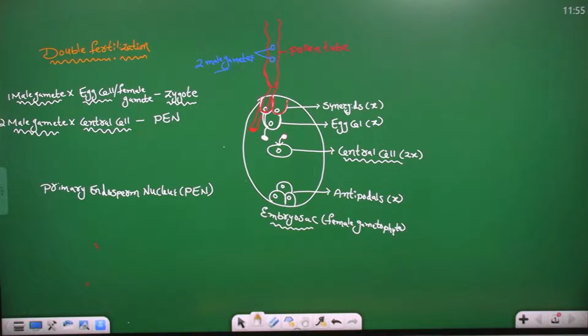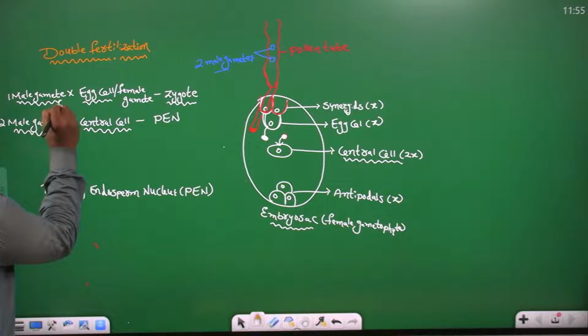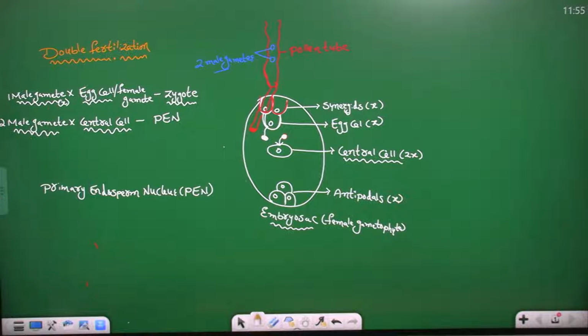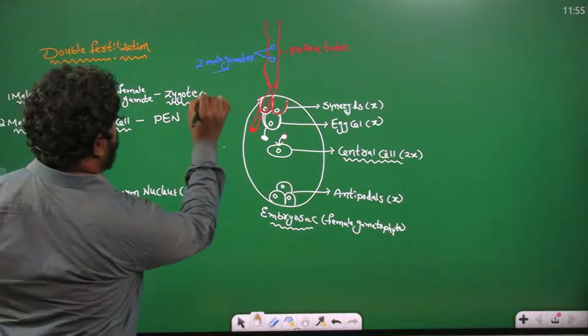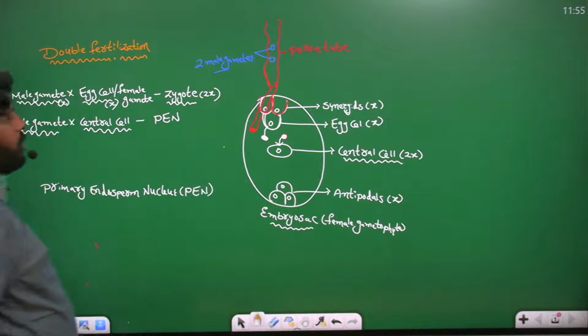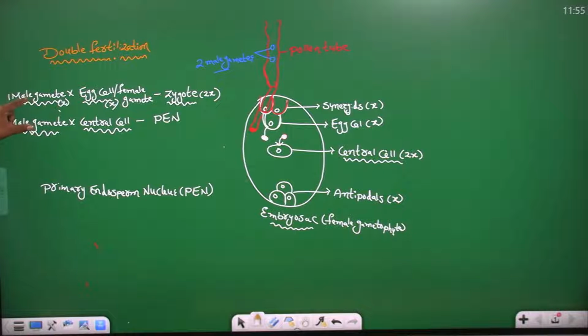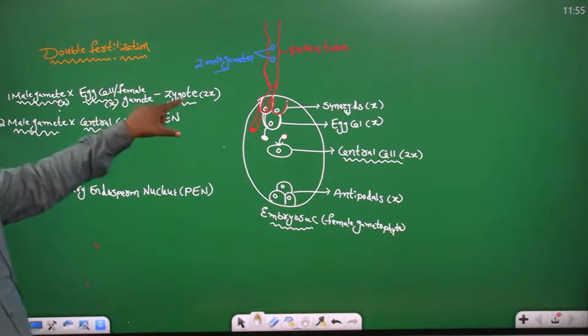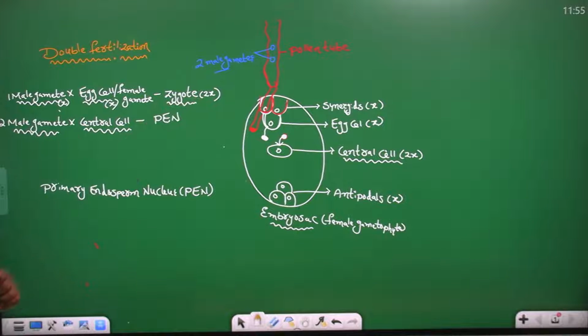And listen, here the male gamete is haploid by default, and the egg cell is also haploid. Haploid and haploid, that's why the zygote is diploid. A haploid male gamete fertilized with a haploid egg cell forms a diploid zygote.